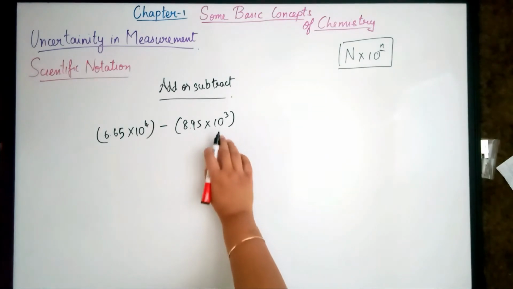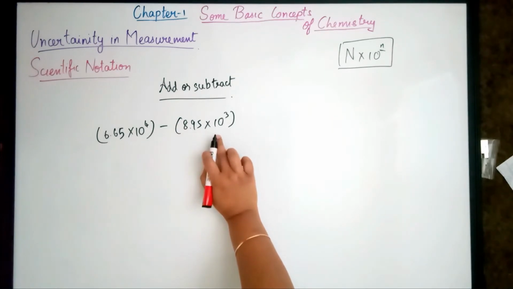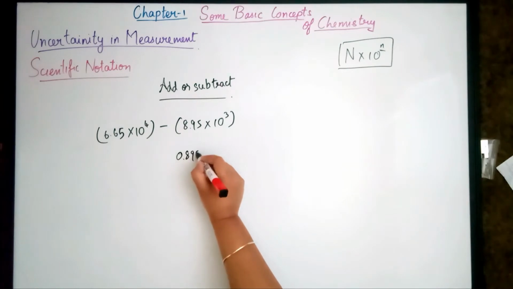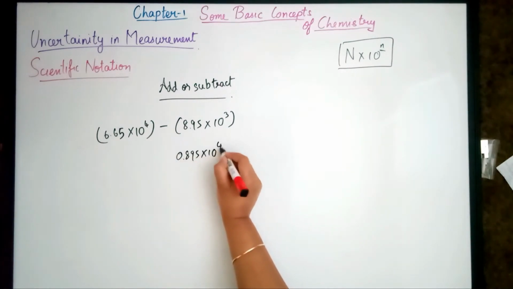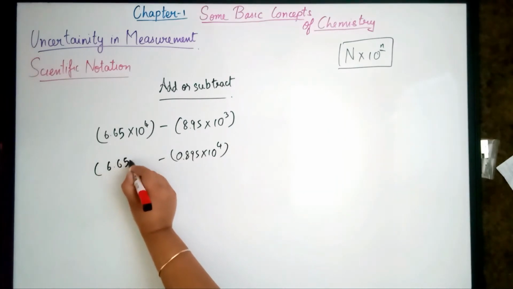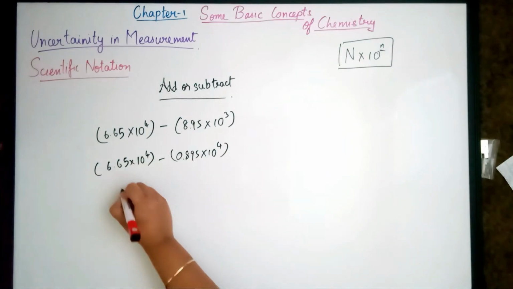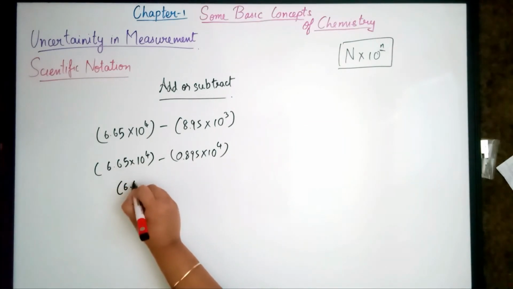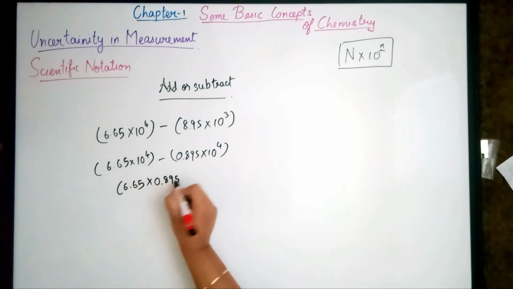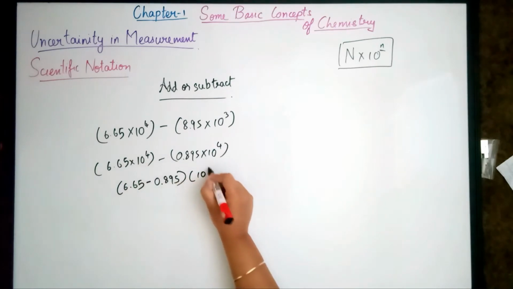So here again, you will be changing 8.95 into 10 to the power 3 to 0.895 into 10 to the power 4, and we have 6.65 into 10 to the power 4. When you subtract, you can take 10 to the power 4 out as common: 6.65 minus 0.895, into 10 to the power 4.